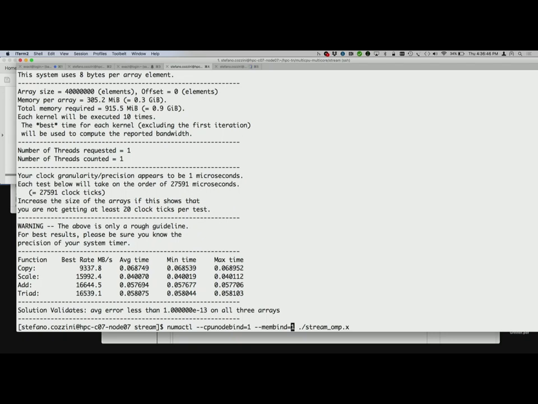We have two sockets, so you can assume that doing this operation or doing this operation is the same. From the logical point of view, it should be the same. And for many nodes, it's the same. But for some nodes, it's not the same. So we saw that in some cases, this was much worse than this.